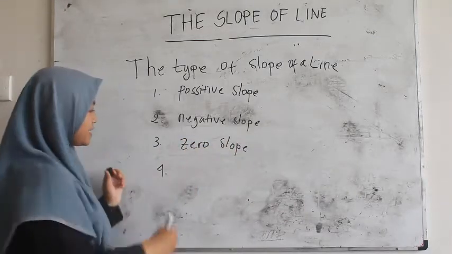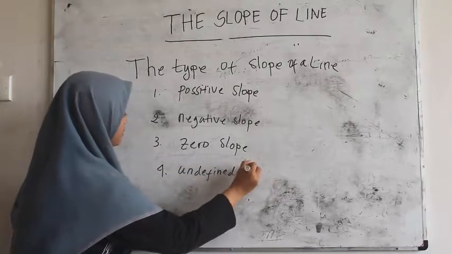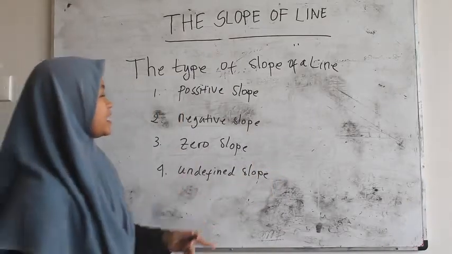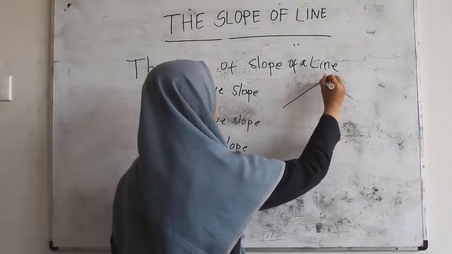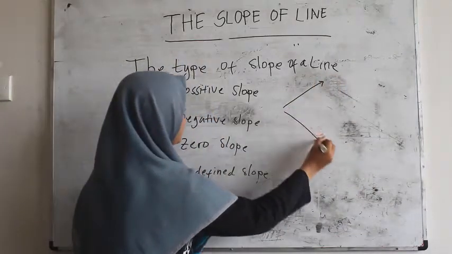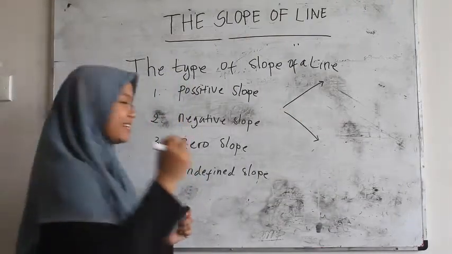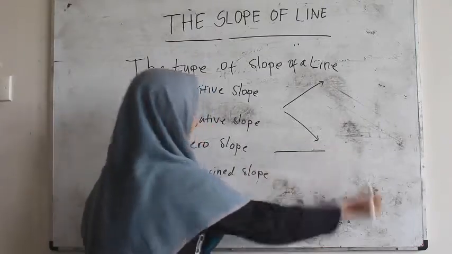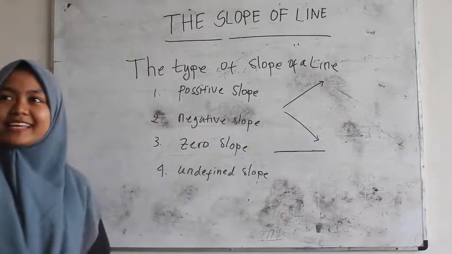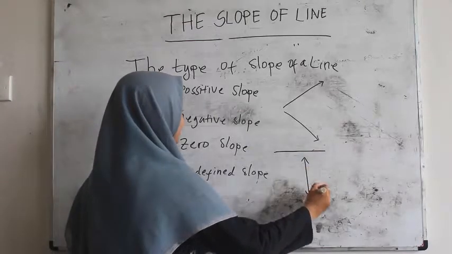And the last is undefined slope. The positive slope is uphill, the negative slope is downhill, the zero slope is flat, and the undefined slope is straight up or straight down.